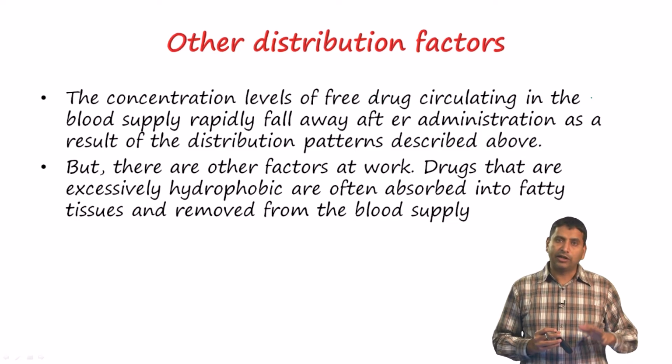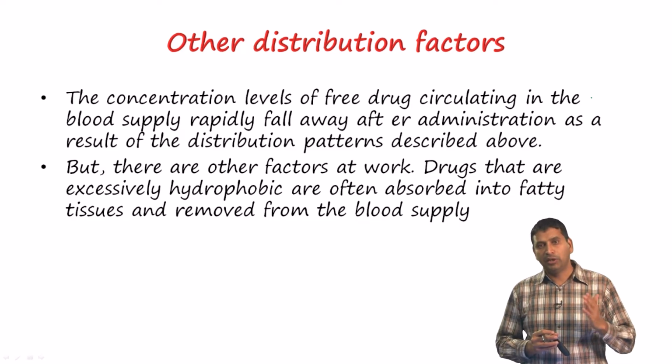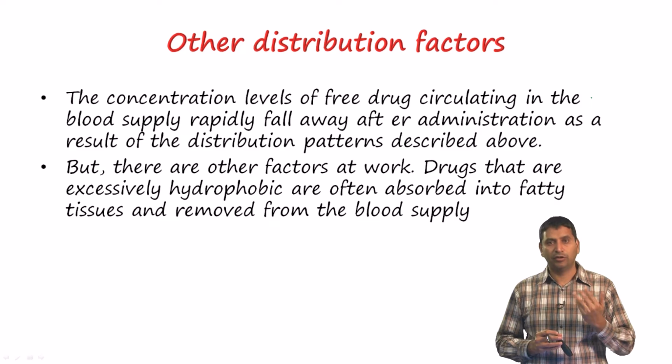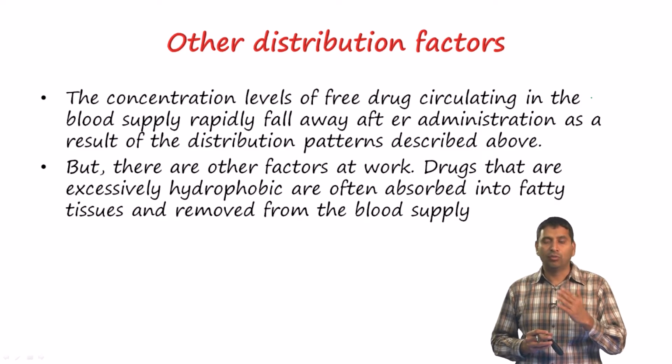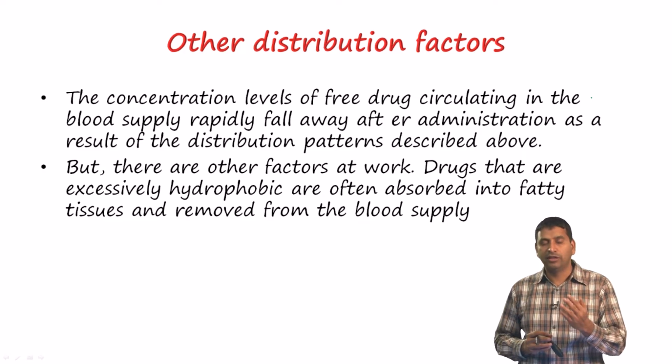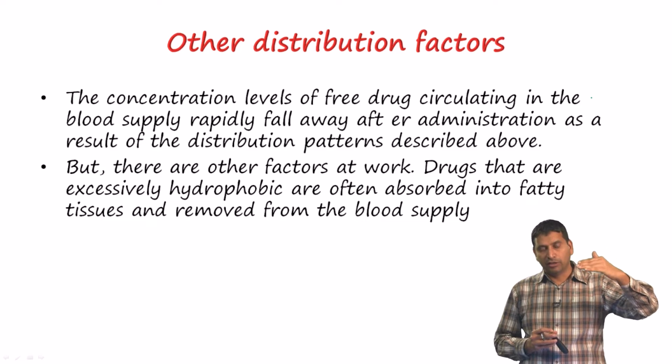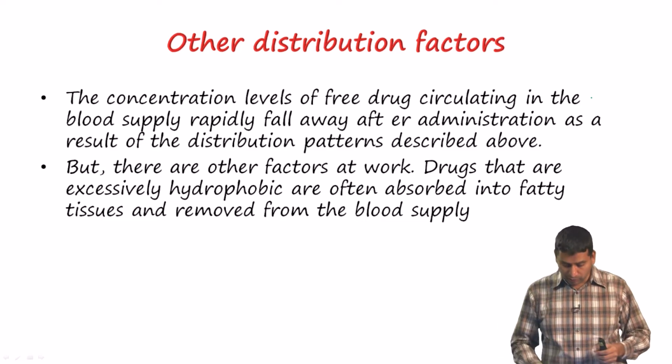There are other factors of course that are important. The concentration levels of the free drug circulating in the blood supply rapidly fall away after administration as a result of the distribution patterns described above. What it means is that once you administer the drug, the concentration of the drug in the blood goes up.